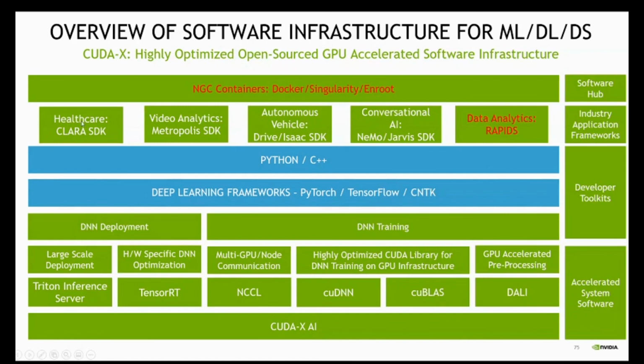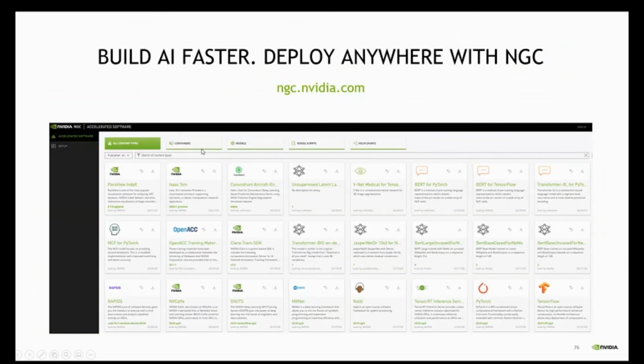Apart from that, we have industry-specific SDKs for healthcare, video analytics, conversational AI, and others, for which we want to have future workshops, so that you as a user working in these domains can leverage these software platforms for efficiently building your pipelines on top of the GPU infrastructure.